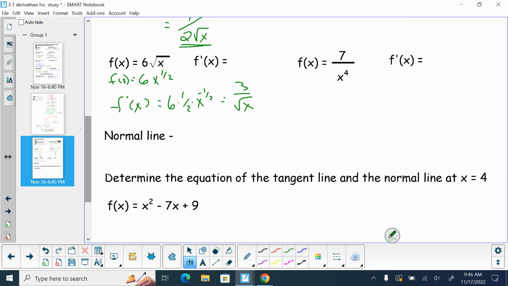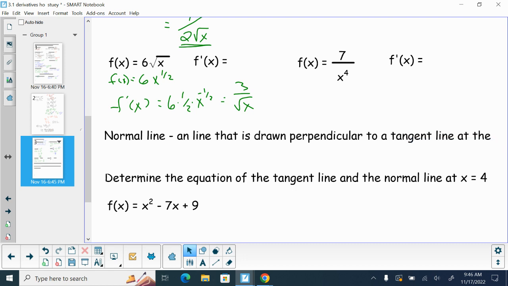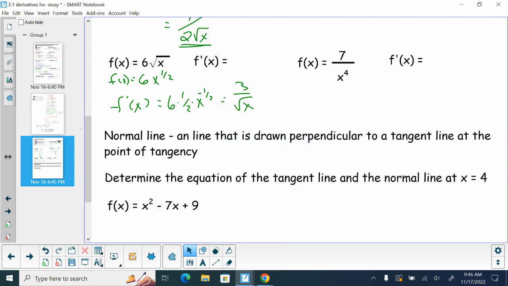A normal line. We talk about a normal line. A normal line is a line drawn perpendicular to a tangent line at the point of tangency.